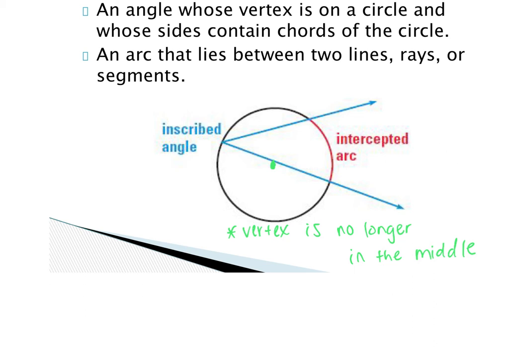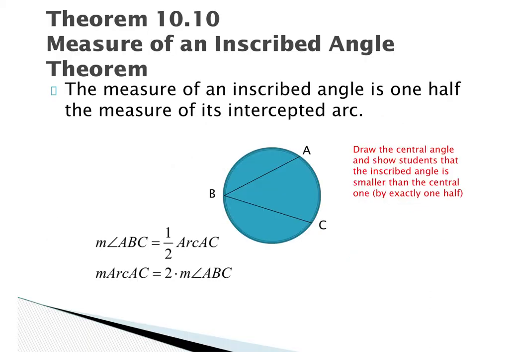If our vertex was here and we drew an angle here, this angle is going to be the same as this arc. We're all in agreement there. But when your vertex goes away from the middle, to the edge of the circle, they're different. Understood?